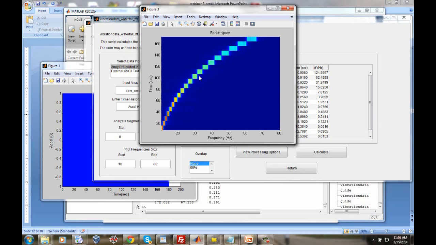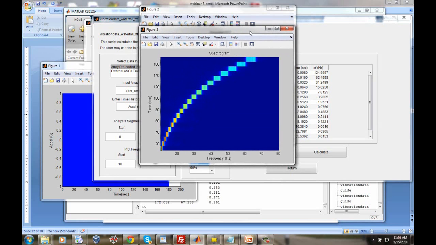And the fact that it's curved is due to the fact that we have a logarithmic sweep rate. If this were a linear sweep rate, this would just be a diagonal line. But it's not. It's a logarithmic sweep rate. So the point is that we're spending proportionately more time down at the lower frequencies. And there should actually be a 0 here, both for 0 seconds and 0 hertz.